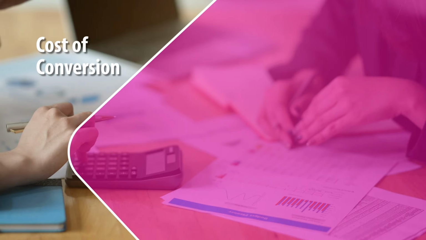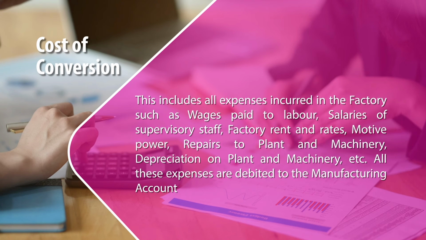Cost of conversion includes all expenses incurred in the factory, such as wages paid to labor, salary of supervisory staff, factory rent and rates, motive power, repairs to plant and machine, depreciation on plant and machine. All these expenses are debited to the manufacturing account.